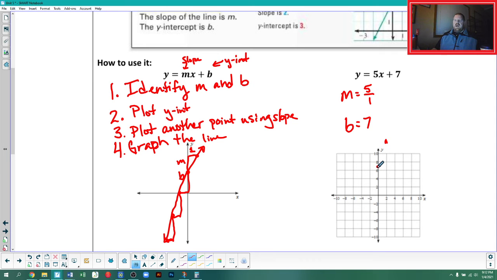So let's go down 5. So we go down 1, 3, 5, and over 1. Now that doesn't mean over 1 line. That just means over 1 unit. So it's about there. We can do it again. Go 2, 4, 5, and over 1. Still don't have a good grid point, but that's okay. Let's try it one more time. 1, 3, 5, and over 1.